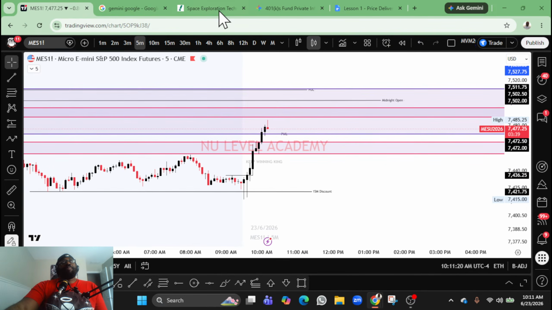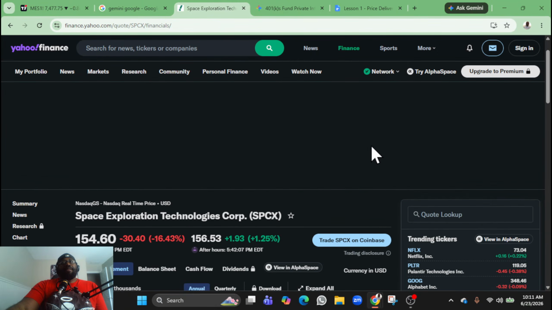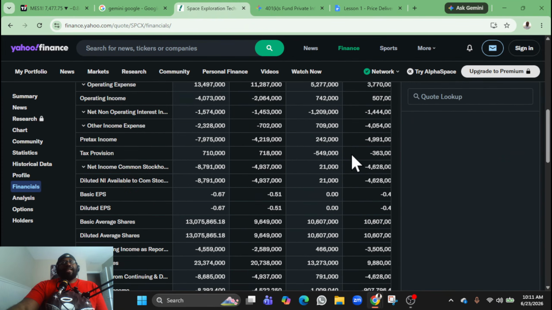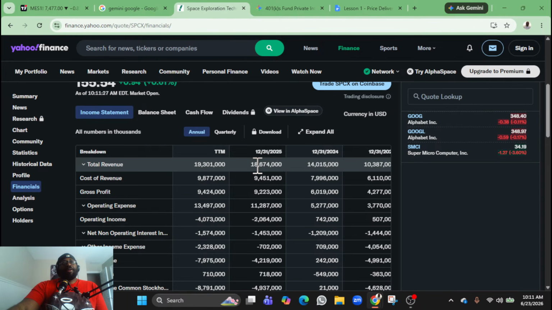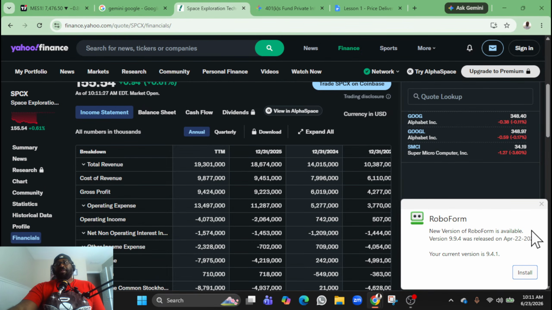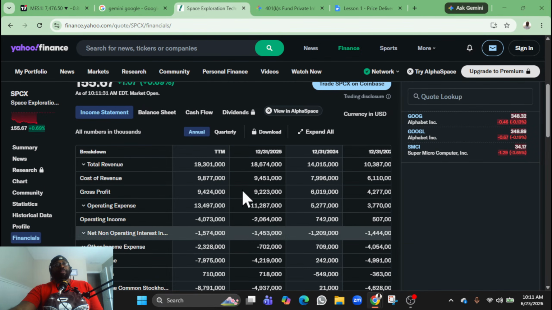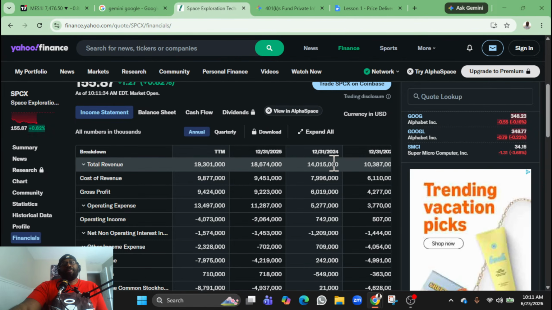So what we learned with SpaceX yesterday, I'm gonna go to it real quick. I was trying to explain to people how companies like this, although it was the biggest IPO in history, right? All that hoopla they sold us on, they did 18 billion last year. Where they are on TTM, trailing 12 months, they're at 19 billion, so far they have made a billion, right?